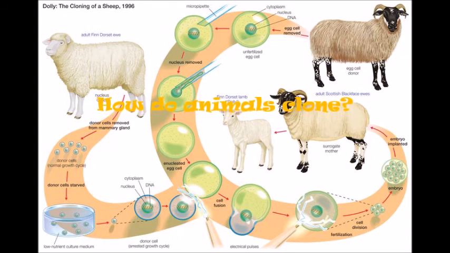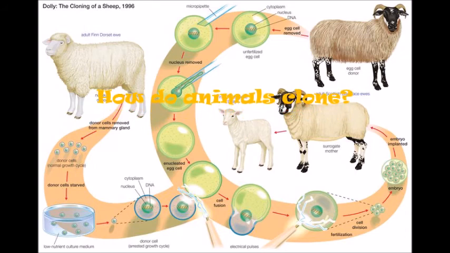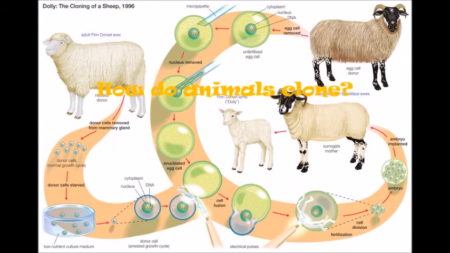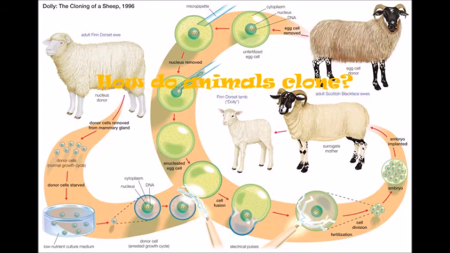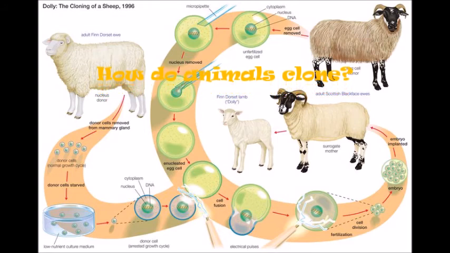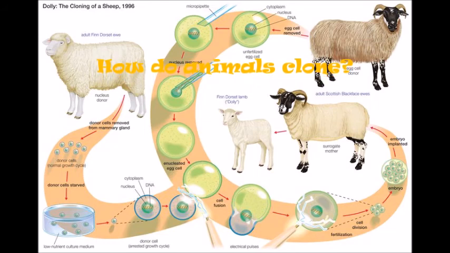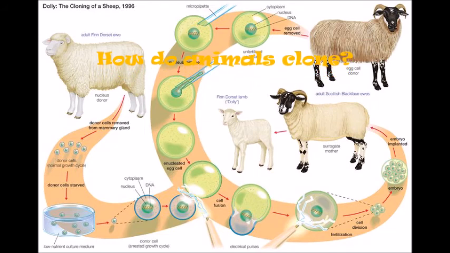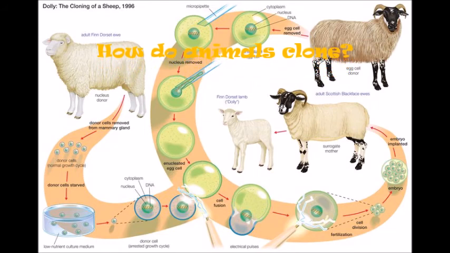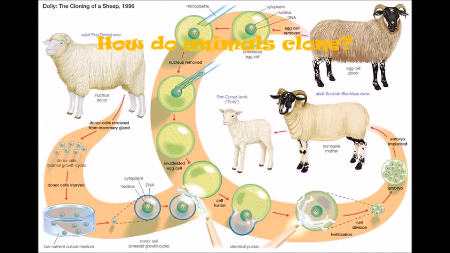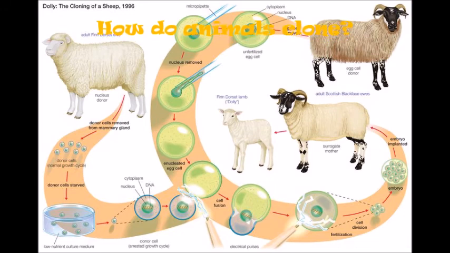There are two different ways to do the cloning. One is to extract the nucleus that contains the DNA of the cell and put it into an empty ovum.